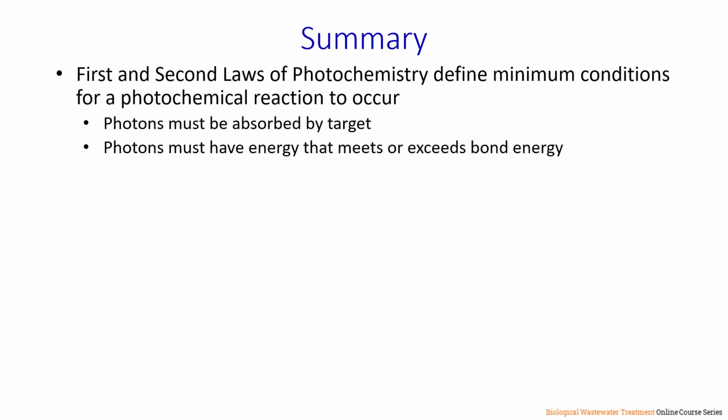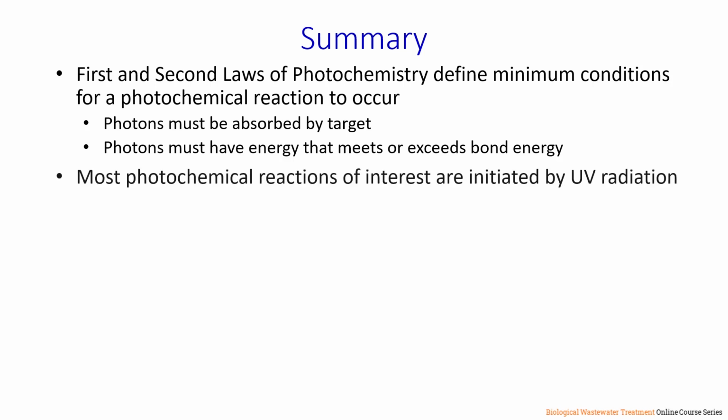Summarizing then, the first and second laws of photochemistry define the minimum conditions that are required for a photochemical reaction to occur. Specifically, the photons must be absorbed by a target, and the photons must have energy that meets or exceeds bond energy. Next, we know that most photochemical reactions of interest are initiated by radiation from the ultraviolet portion of the spectrum.